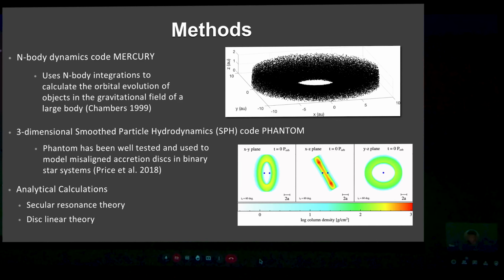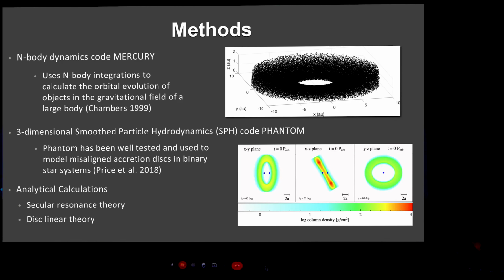It's a 3D code, so in this case, I have three views: X-Y, X-Z, Y-Z. And you can see the binary stars are given by blue. And in this case, we see the disk is inclined by 60 degrees, given by the middle panel. If it was coplanar, it would just be horizontal. And on top of this, I use analytical calculations such as secular resonance theory and disk linear theory.